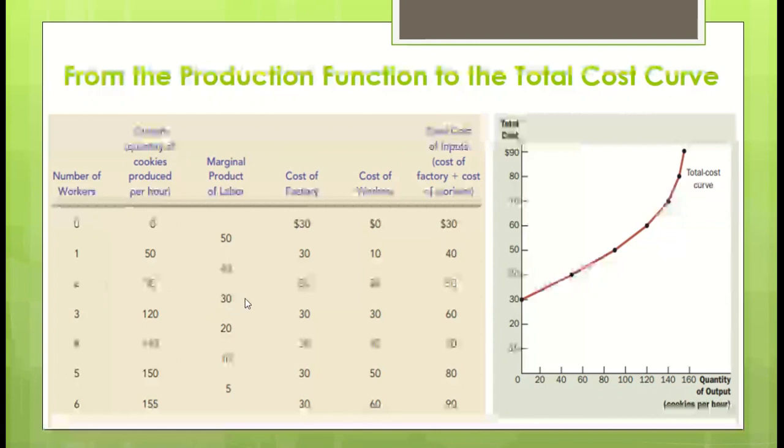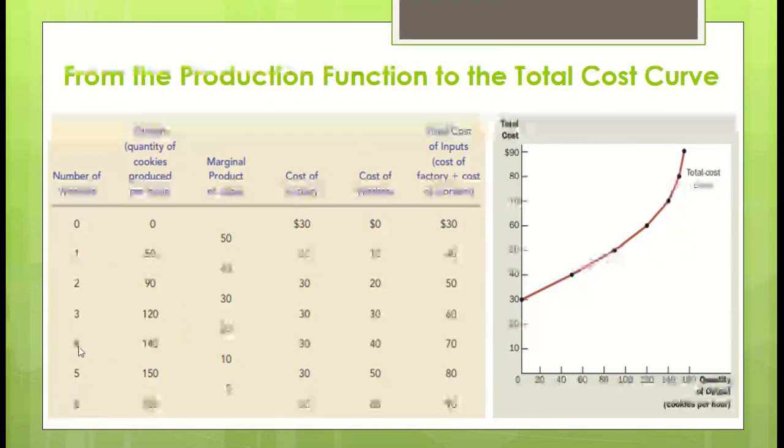And the cost of factory is constant, again $30, and the cost of workers is $30. So the total cost in this case is $60. So if we continue with this.